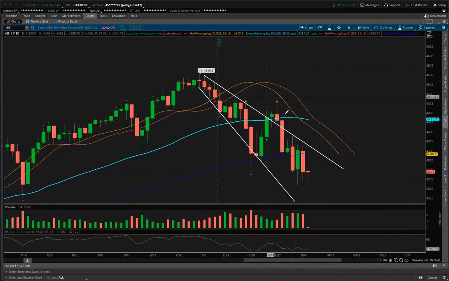Personally, when I'm looking at formations, I go for touches more than anything. Also, there's such things as false breakouts, right? When I'm looking at this broadening formation here, all this looks like is a false breakout to the downside, right? All this looks like is a false breakout to the upside as price action is trying to explore this formation right here.